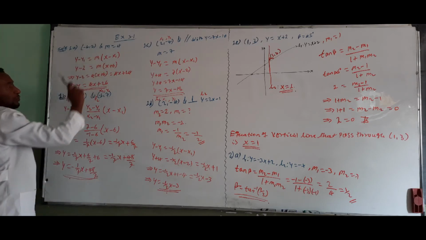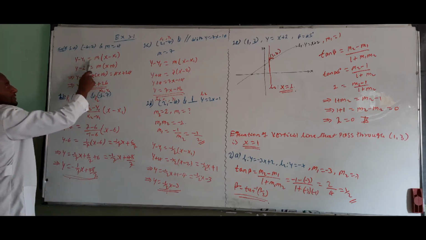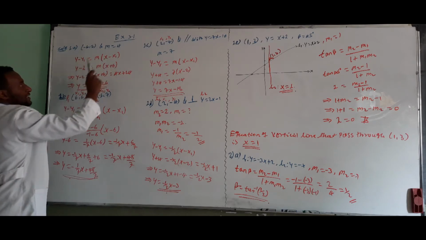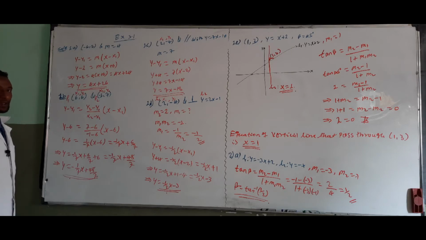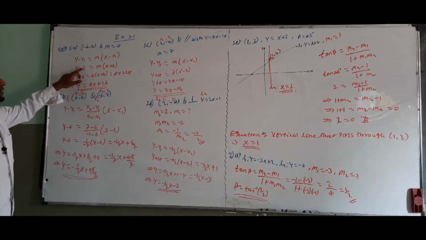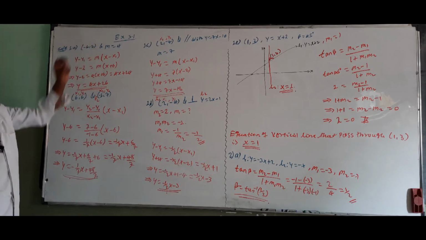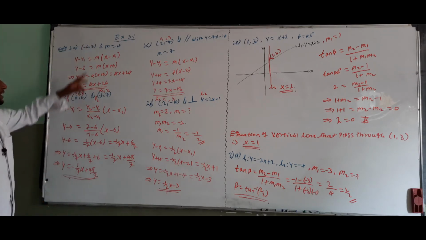Given a point and the slope, y minus y1 is equal to m times x minus x1, where m is the slope of the given line. y minus y1: y1 is the second coordinate of the given point, that is 2.